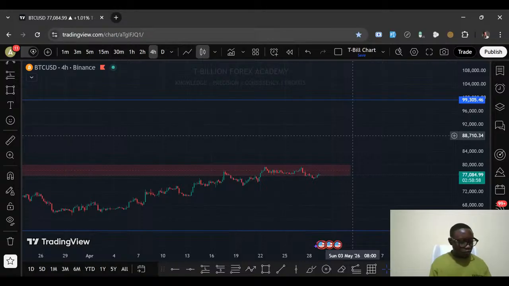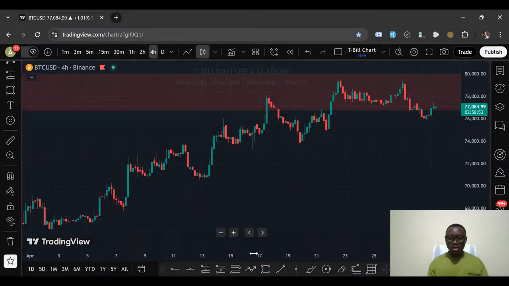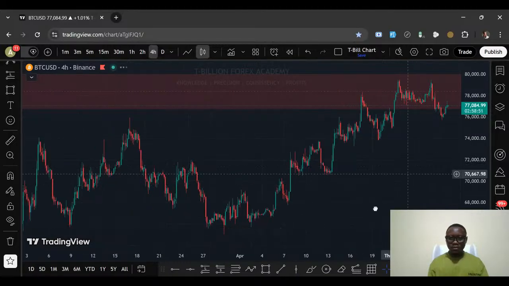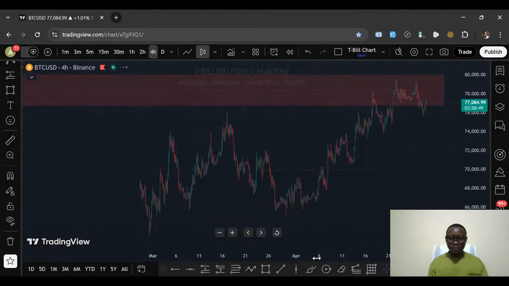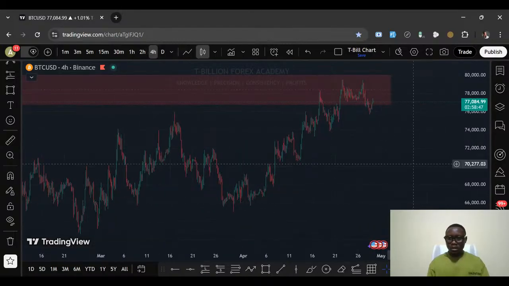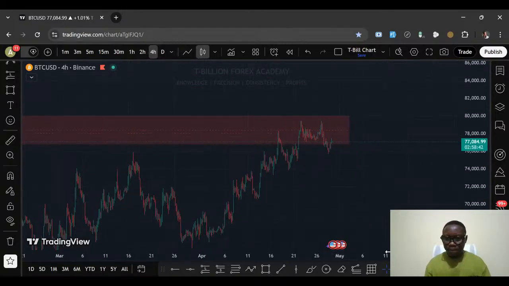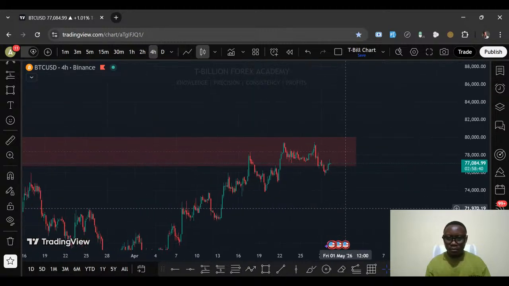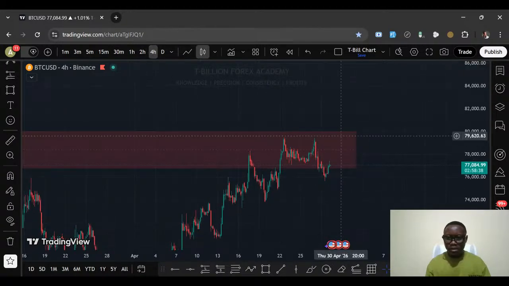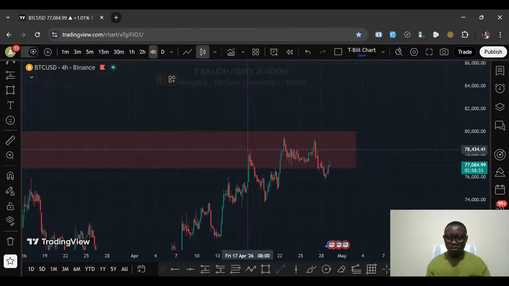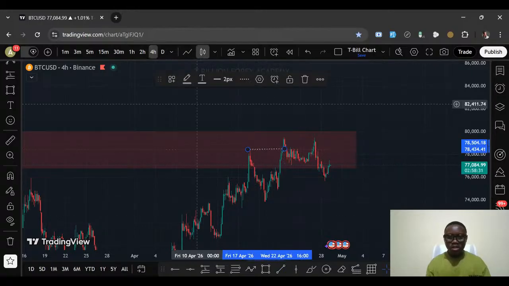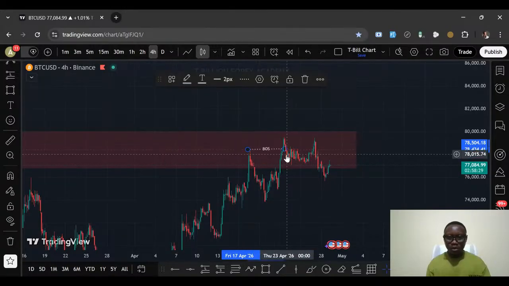Okay, so on the 4H, I'll just look at the most recent structure. Now what do we have? This is our most recent break of structure to the upside as a continuation of the bullish move.